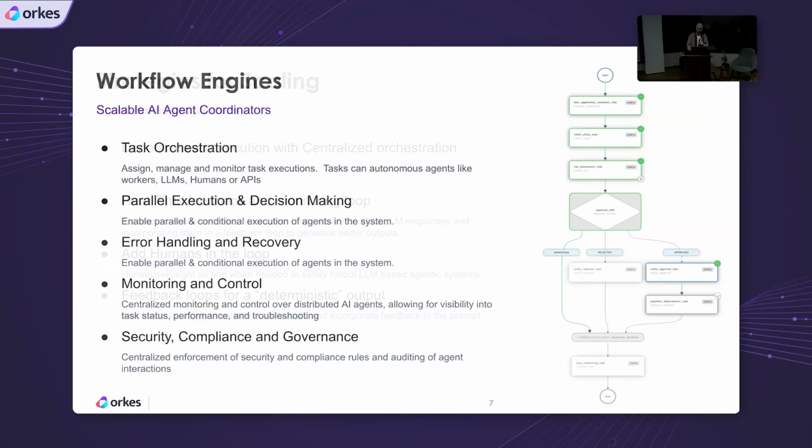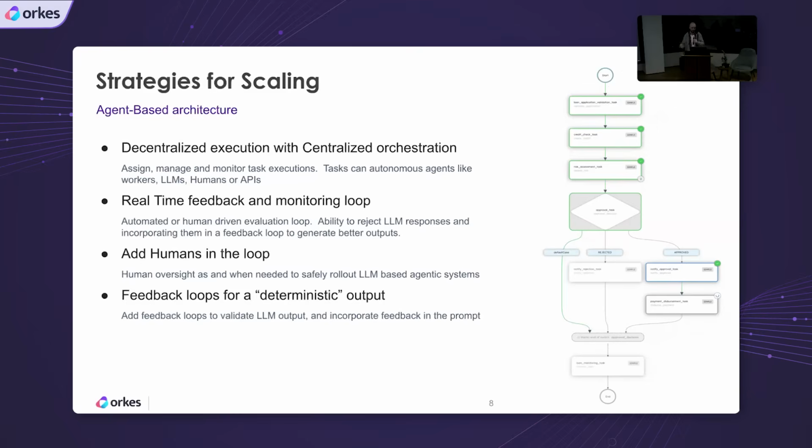Strategies for scaling. Again, not all of these are AI or LLM related. The first one just comes along with a distributed, highly scalable application. The real-time feedback and monitoring loop is something that you're going to want to do. I mean, this is essentially, you have a chat. I'm sure we've all opened ChatGPT, we've opened Gemini, right?